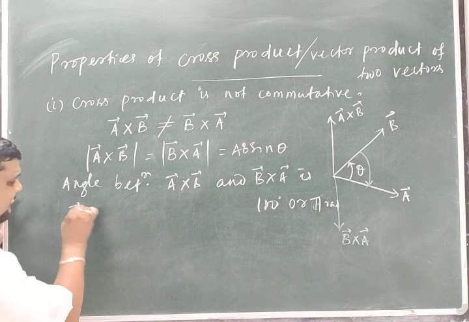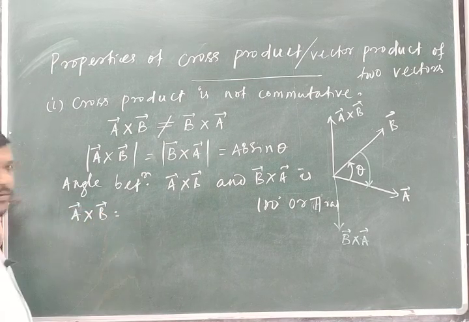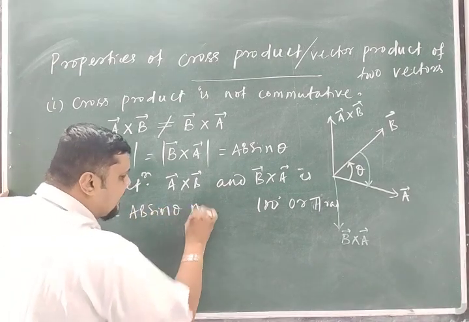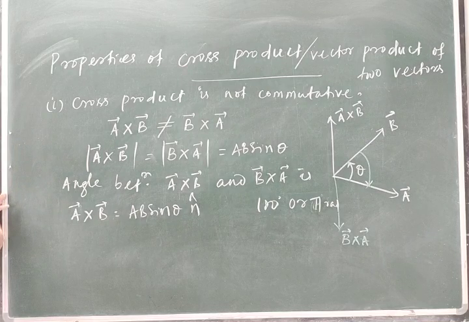A cross B is equal to AB sine theta n-cap, perpendicular upward.